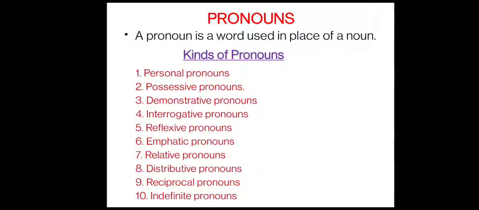Okay. Now let us quickly see the categories or kinds or types of pronouns. So children, over here there are 10 pronouns. First, personal pronoun. Second, possessive pronoun. Third, demonstrative pronoun. Fourth, interrogative pronoun. Fifth, reflexive pronoun.